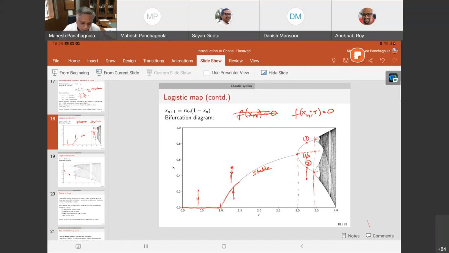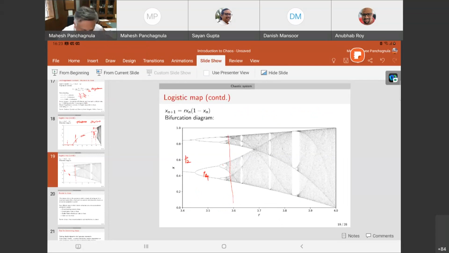So for example, in this case, you have one solution here that is unstable. You have one solution branch, somewhere in the middle here, that is unstable. And so there are multiple unstable trajectories that continue into this space where you see chaos, right? And potentially, because you have an accumulation of these bifurcation points from period 4 to 8 to 16 to 32 to 64, etc., you have a lot of unstable trajectories that are remnant.